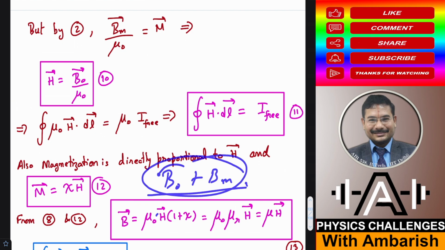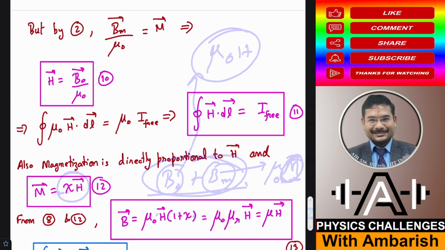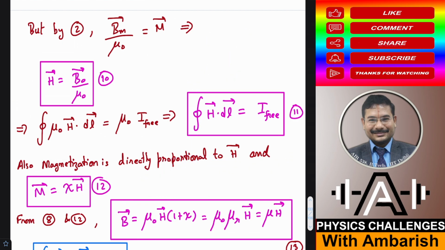B naught is nothing but mu naught times H, and B magnetization was mu naught times M. But M itself is chi times H. So if you express M in terms of H, total B vector is nothing but mu naught times H into 1 plus chi. Mu naught H is just the B naught part, and mu naught times chi H is B due to magnetization, because chi H was M and mu naught times M is the B due to magnetization, right?